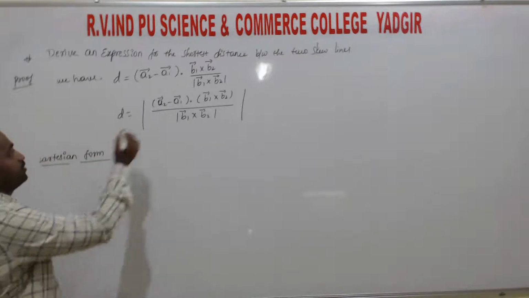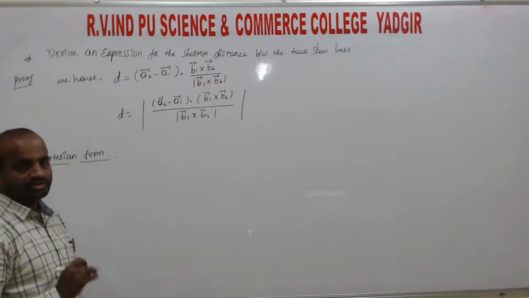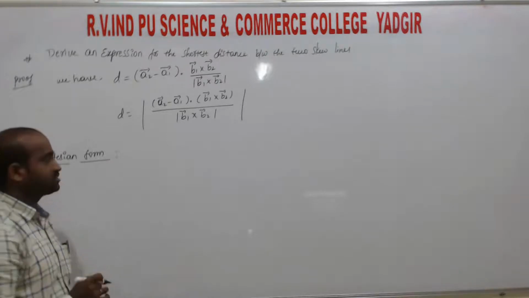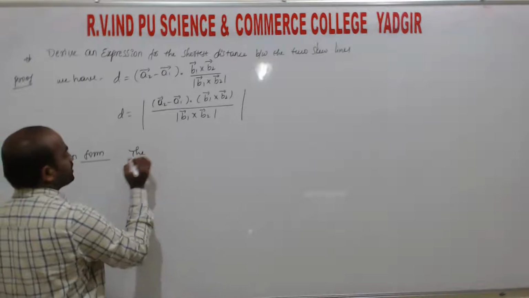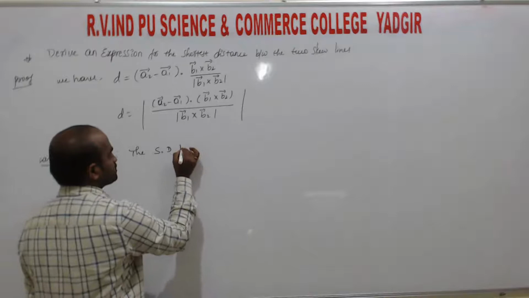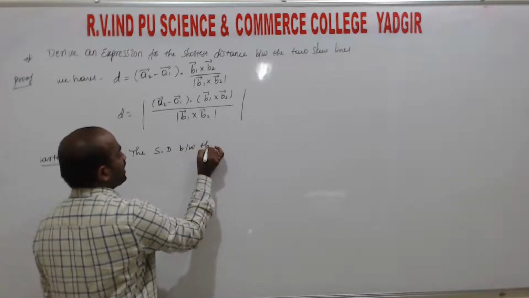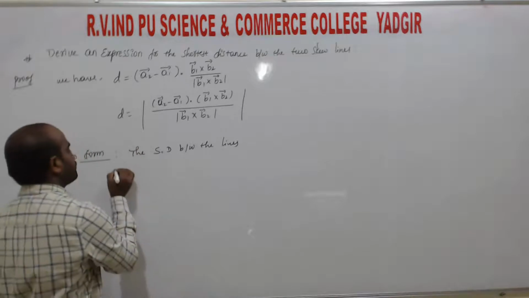Using this formula, two vector equations are given. Then find out the shortest distance between the lines.